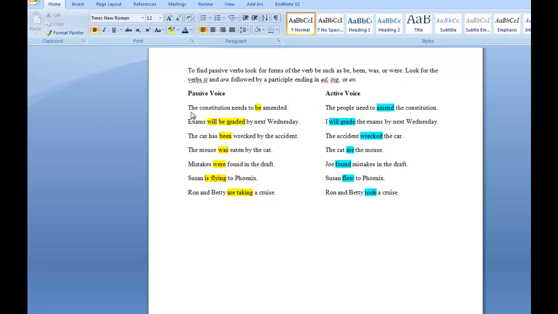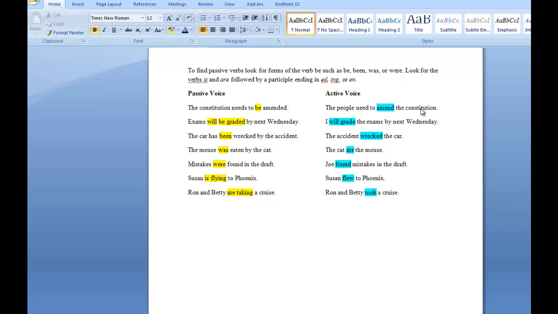The first one here is the Constitution needs to be amended. Okay, what we have here is a passive sentence and we want to make it active. So if we flip this around and put the subject before the verb instead of putting the object before the verb, we'll have an active voice.